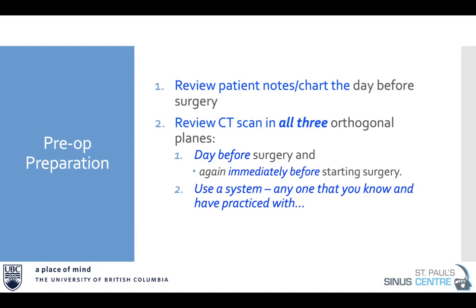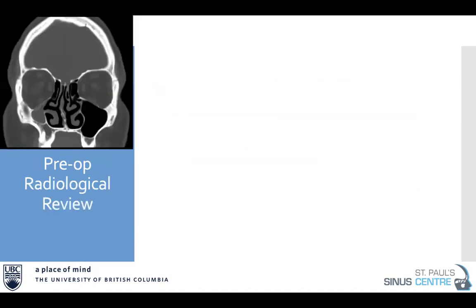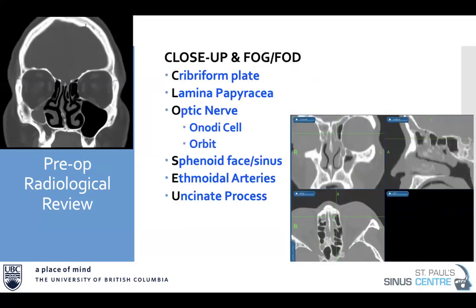So use a system that you like, anyone that you become familiar with and really learn well, to look at your CT scans and practice with it over and over again. So when you look at a CT scan, think about the system that you're going to use to go through this CT scan. So there's several out there.